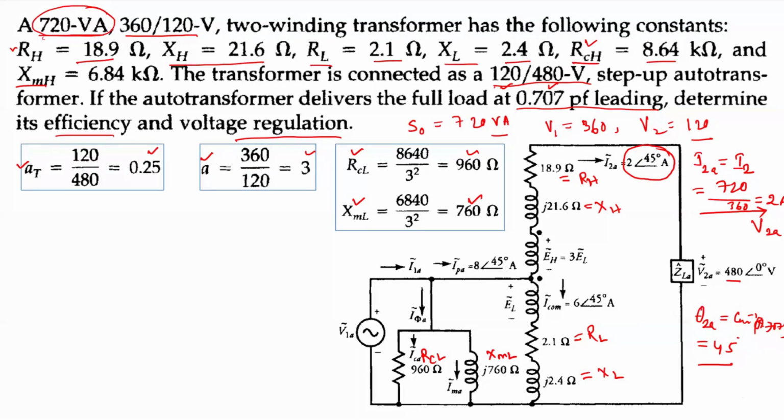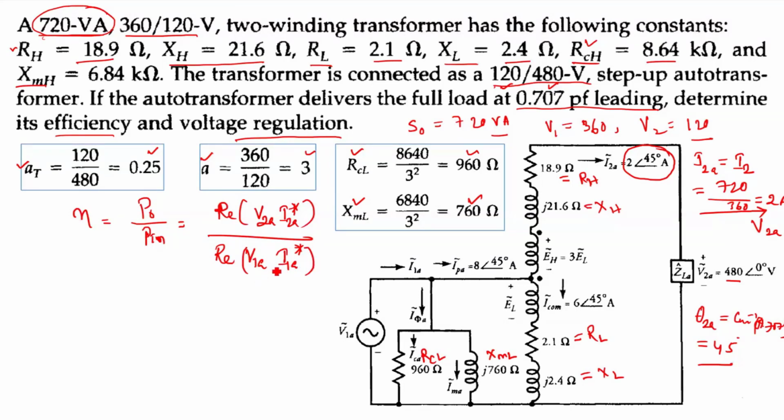Now in order to find the efficiency, we know efficiency is PO by Pin. In order to find PO, I need to find the real part of V2A I2A star, and for Pin the real part of V1A I1A star, right?